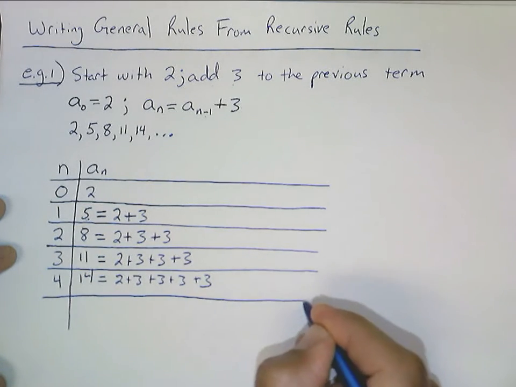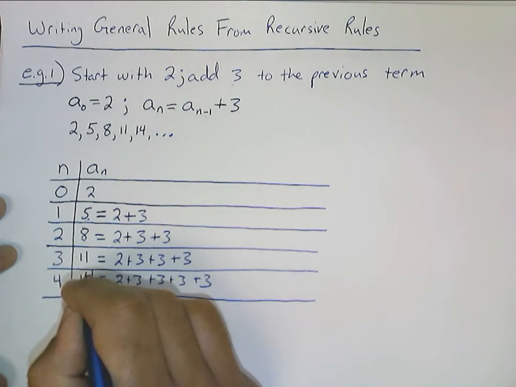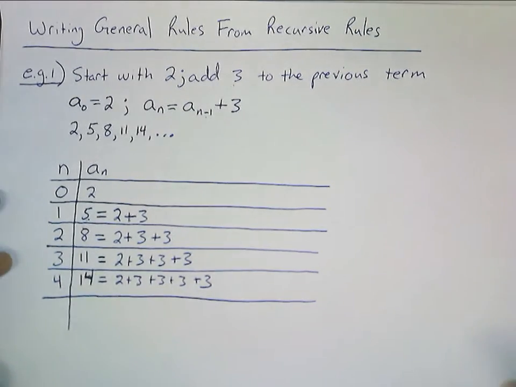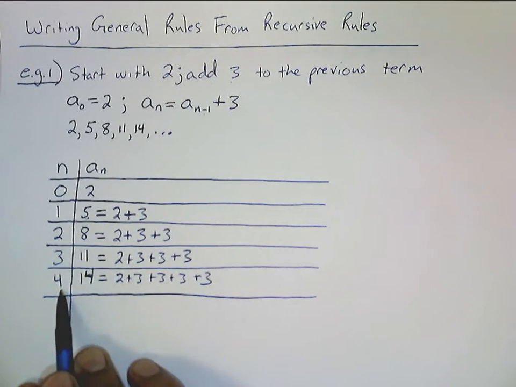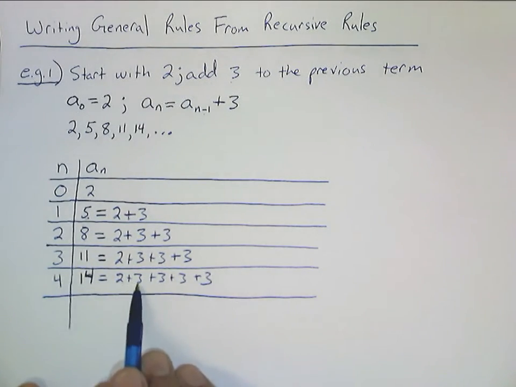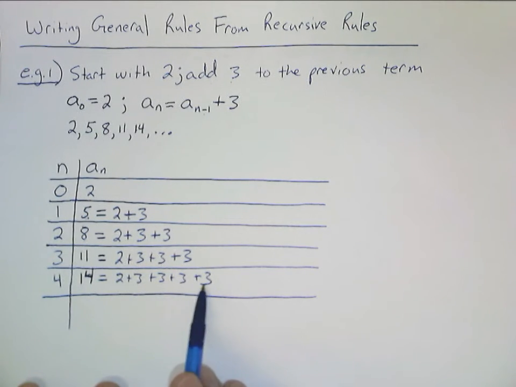So now we're going to go back and think about, remember that order of operations video we watched, actually just 2 videos ago. Notice what we have here. I'm just focusing on when n is 4. 14 was 2 plus 3 plus 3 plus 3 plus 3. Here we have a repeated addition of 3's.